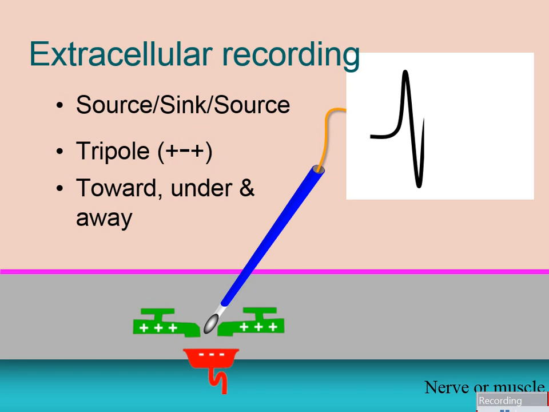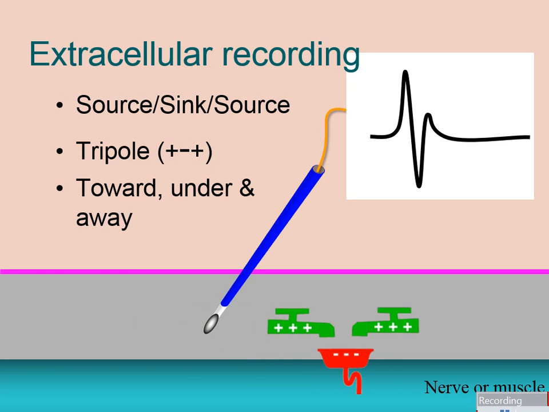And as that wave of depolarization moves on, the trailing source goes under the electrode, we get another positive deflection, and then it trails off. So in a classic extracellular recording of an action potential running by, you get this triphasic kind of wave.